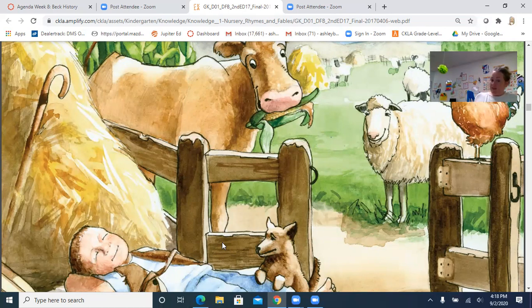Now, I want you to think, and this is a little bit of a tricky question, think of one way Little Bo Peep and Little Boy Blue are the same. What's something that they both do, or something that happens with both of them? One thing I can think of is they both care for sheep.